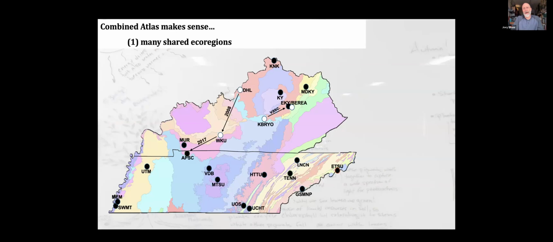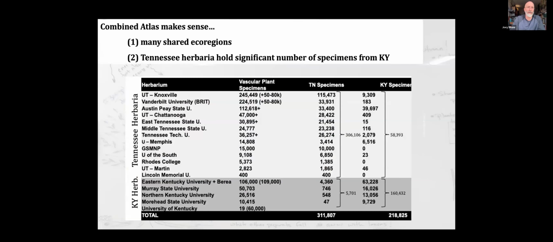So when Tara, Brad, and I got together to talk about a combined atlas, it made sense for a lot of reasons. One reason is that there are many shared ecoregions between our two states. A second reason is that Tennessee herbaria actually hold significant numbers of specimens from Kentucky. In the first column you see there, vascular plant specimens, that's how many specimens were digitized from those respective collections.